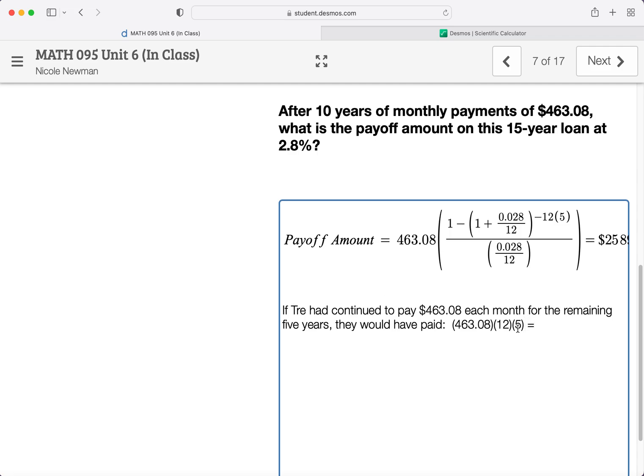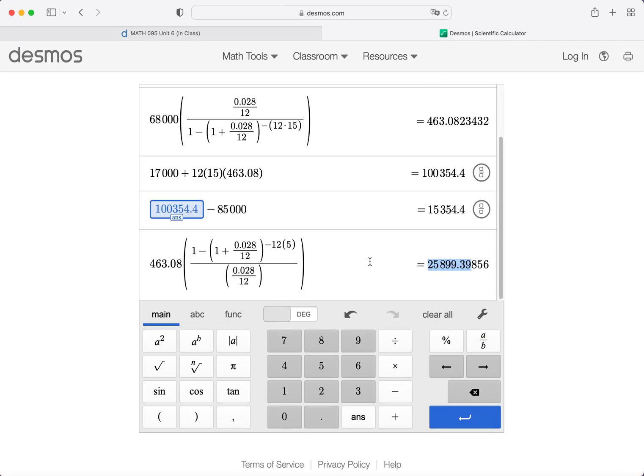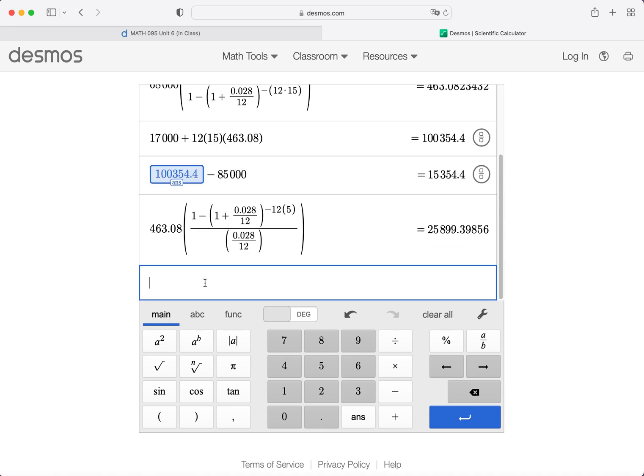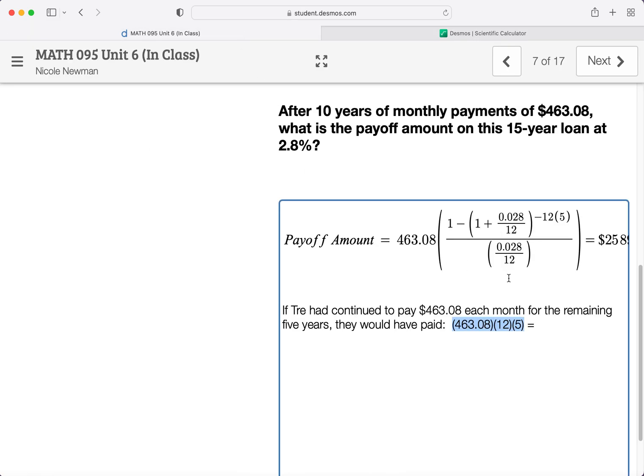Well, let's go see how much that is. Grabbing that, asking for some calculator help. That's how much they would have paid, $27,784.80. Paste it here and clean it up.